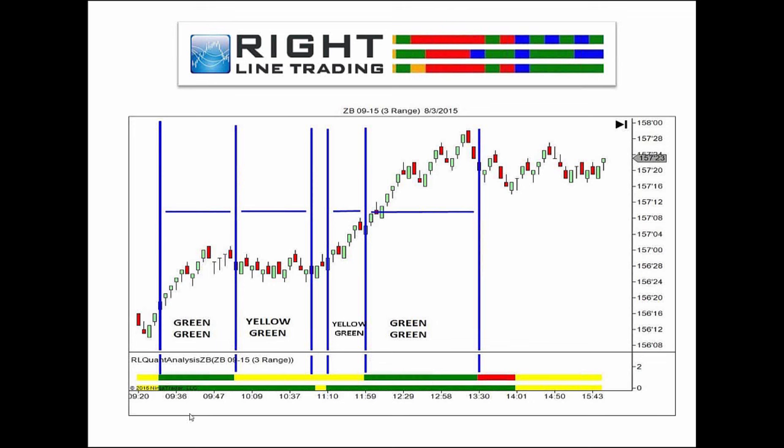So what we did was we created a quant analysis indicator. And that's because there are 3 markets in each line. Now, there's 6 correlative markets that we found that correlate with bonds with a correlation coefficient of 0.7 or greater, which means that when bonds go up, these markets also go up or go down 70% of the time.